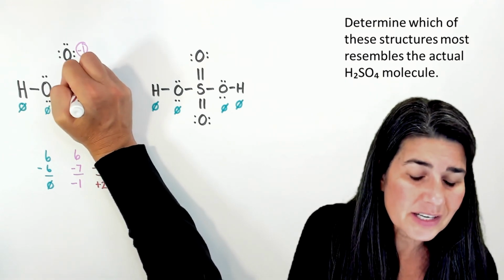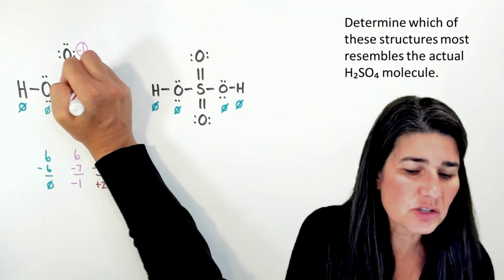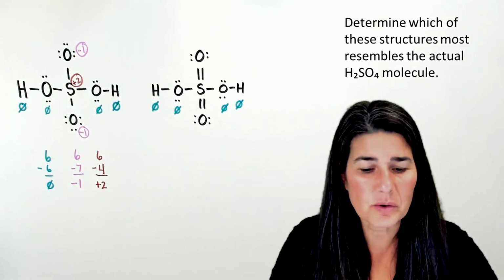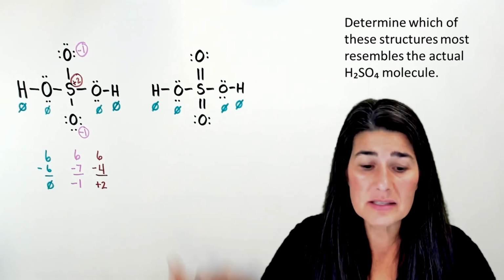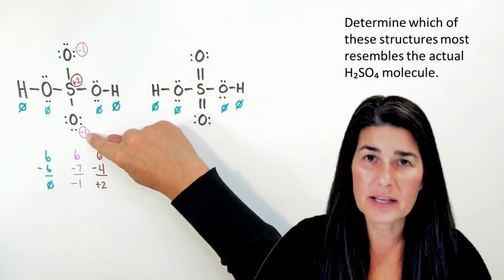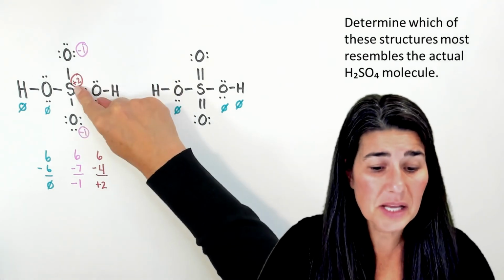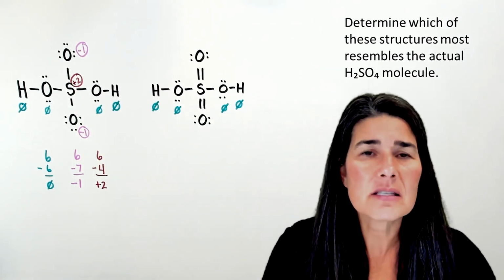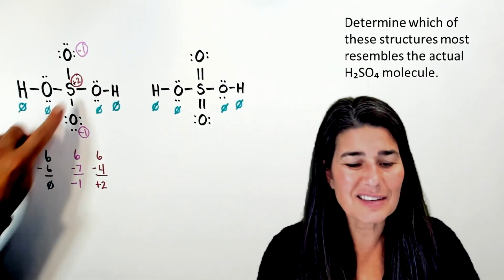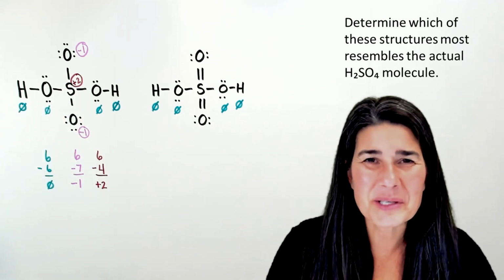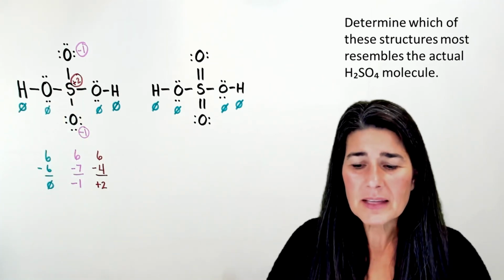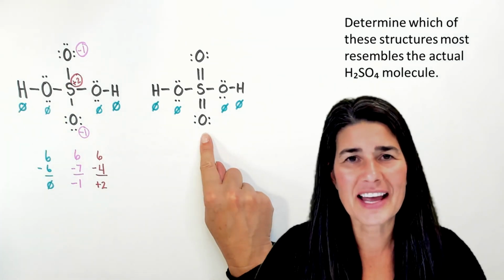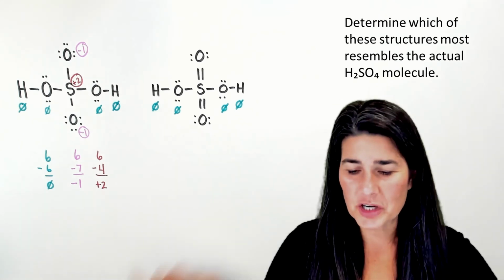So this sulfur is sitting very electron deficient at a +2. Notice, overall, a -1 and a -1, which is -2, and a +2 is 0 overall. Sulfuric acid is neutral, so we're in good shape there, but these are not the most desirable numbers for formal charge. Let's go over to our structure on the right and see what those formal charges are.